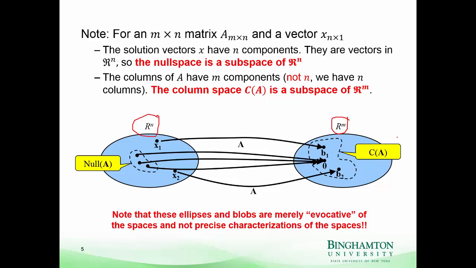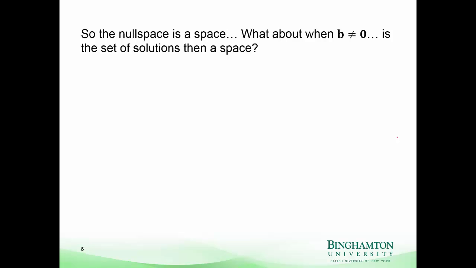That's what we're thinking about here, and it helps us understand this. So keep this picture in mind. The null space is a subspace, and therefore it's a space just on its own.